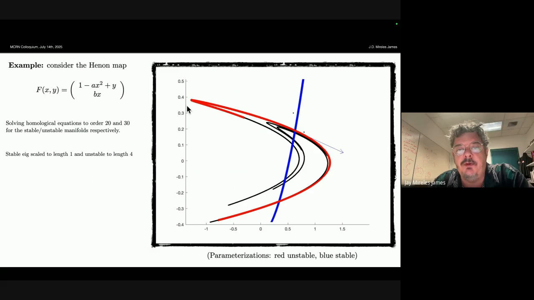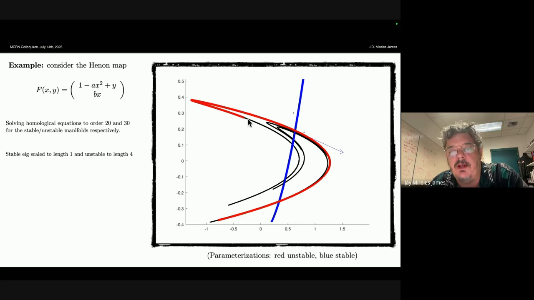And then I tried to compute a little more for the red one because it's a little more interesting. I went to order 20 and to eigenvector scaled to length 4.